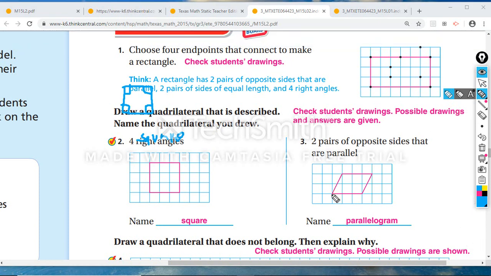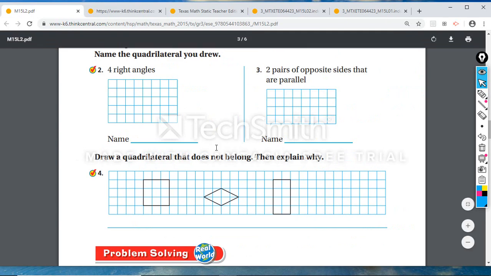It would be this shape right here. Two pairs of opposite sides that are parallel. It's these two, and these two, and it's a parallelogram. Here's your shape right here. Two pairs of opposite sides that are parallel. And that's your parallelogram. Good job. Well, let's take a look at the next question.